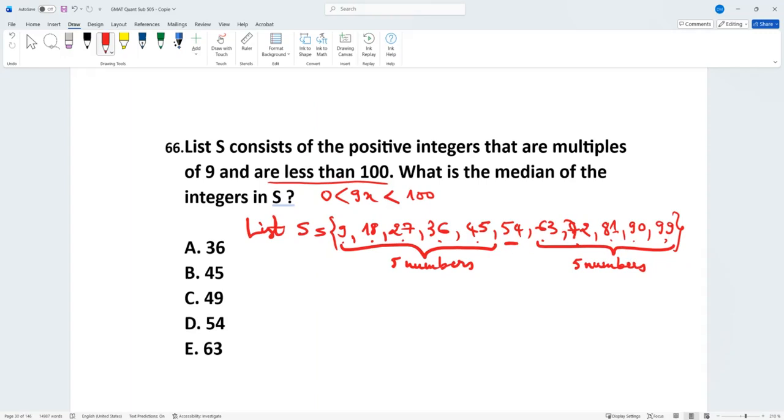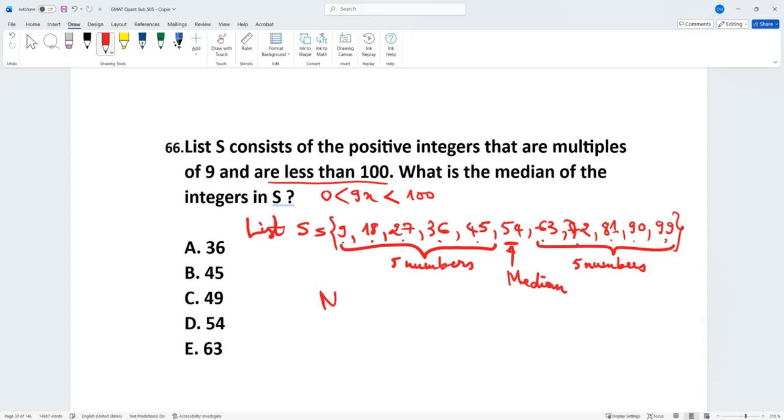Okay, so the median is actually when you order the numbers from least to greatest, which number is at the middle. If the total number of numbers we have in the list is odd, then we can simply find the value of the median here. But if it is even, then we are going to take the formula, the one that I showed you in the previous question. So this here is going to be our median.